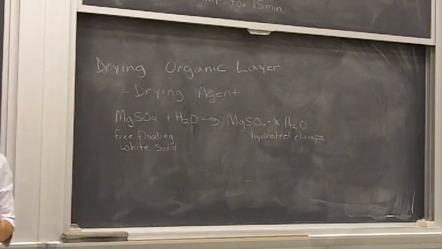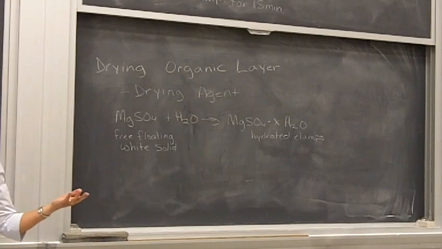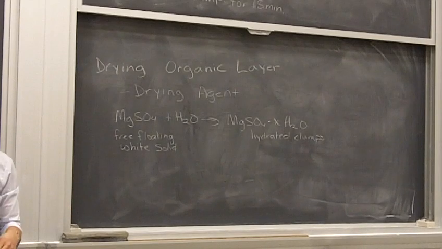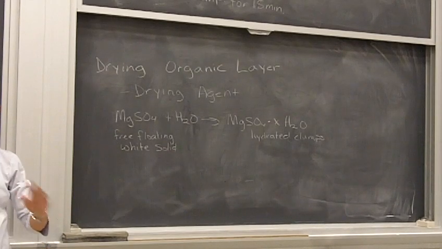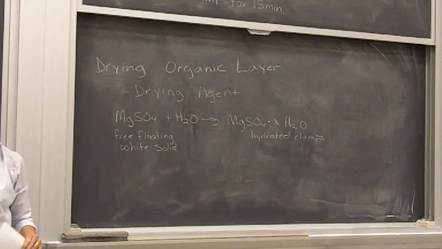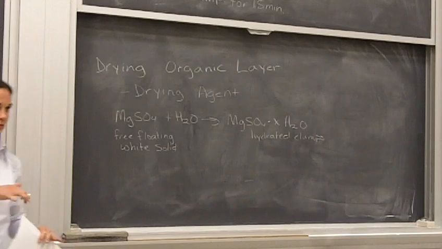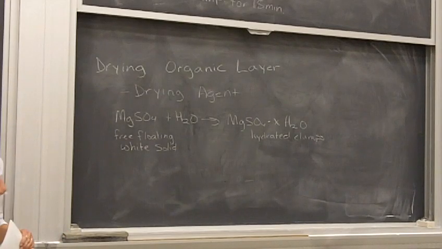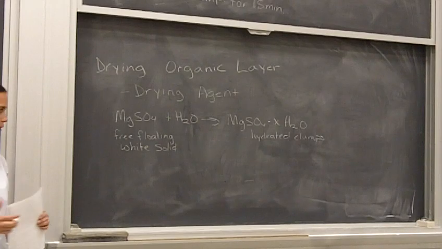When you have clumping and free floating, you've added enough magnesium sulfate. What you don't want to do is overdo it and add so much magnesium sulfate you make pancake batter, okay? So if you end up with a slurry, you have too much. You still want just a liquid with some magnesium sulfate that's free floating and some that's clumping, all right?